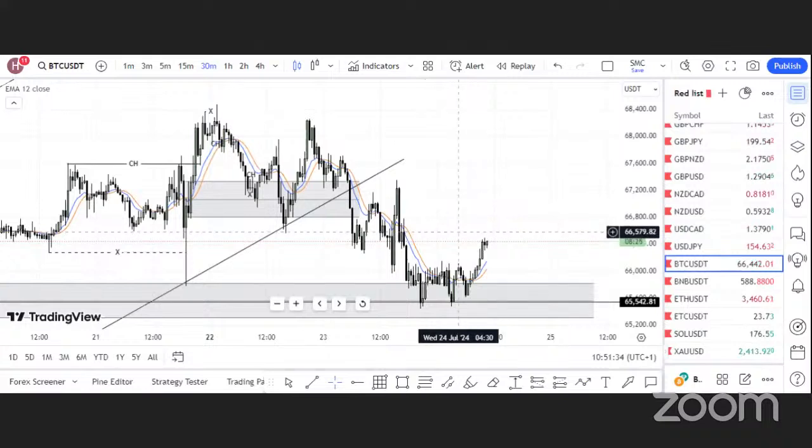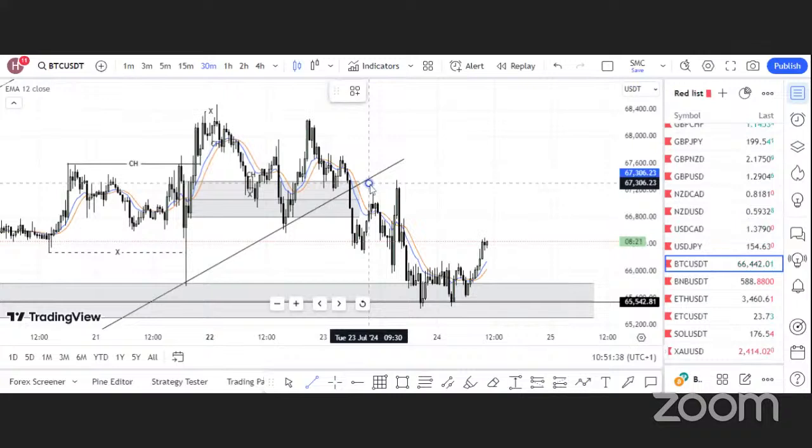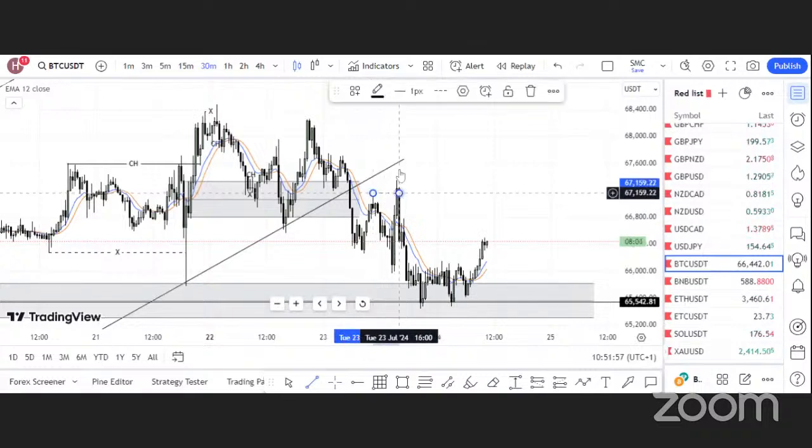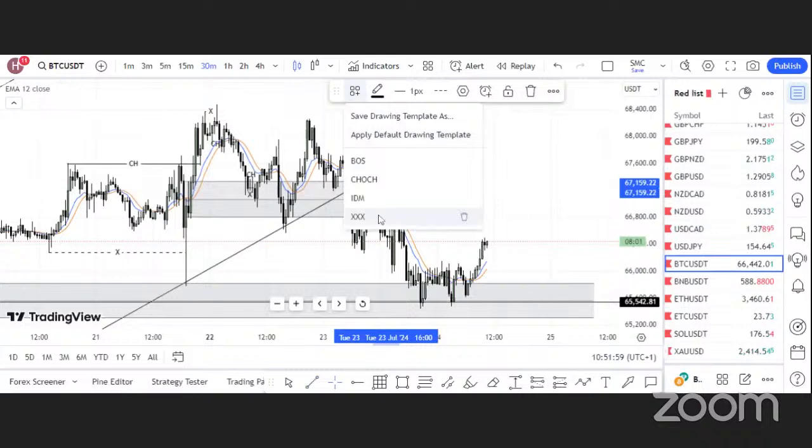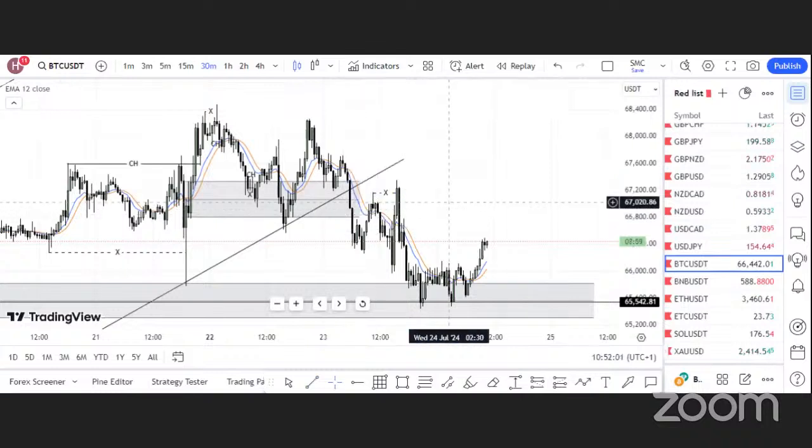All right. But I don't think this movement is going to be for long because this is the 30 minutes time frame. Okay, this is the 30 minutes time frame.